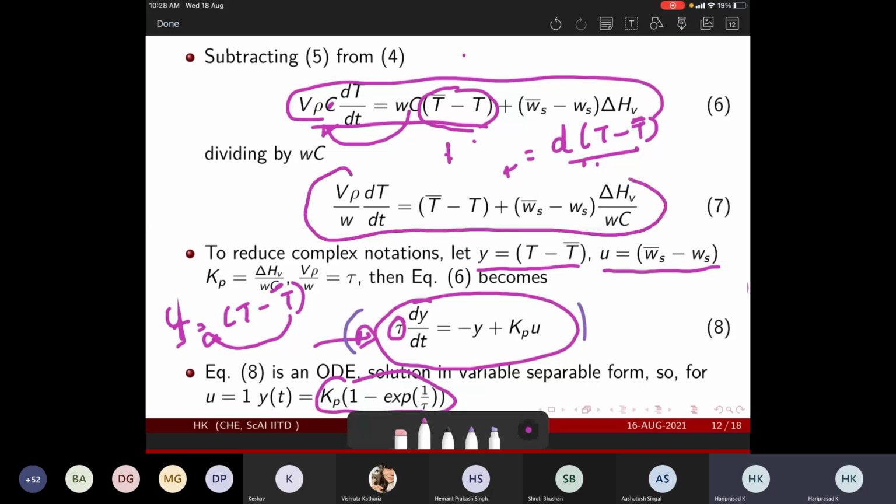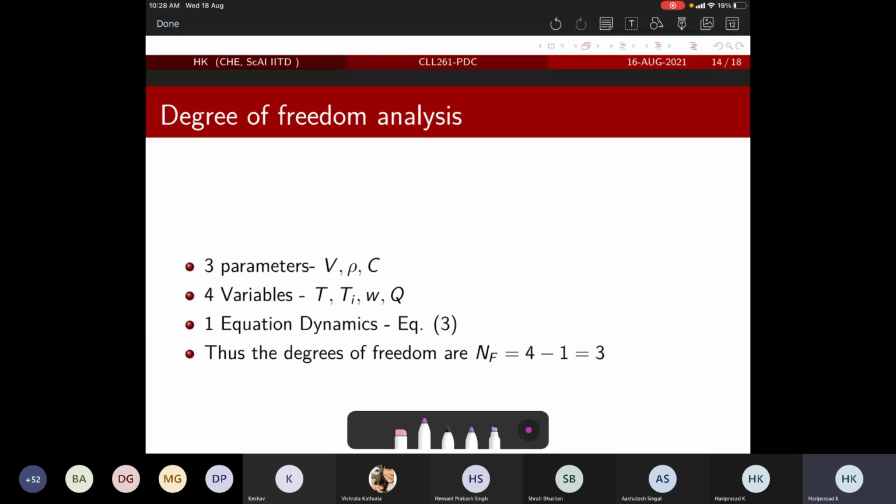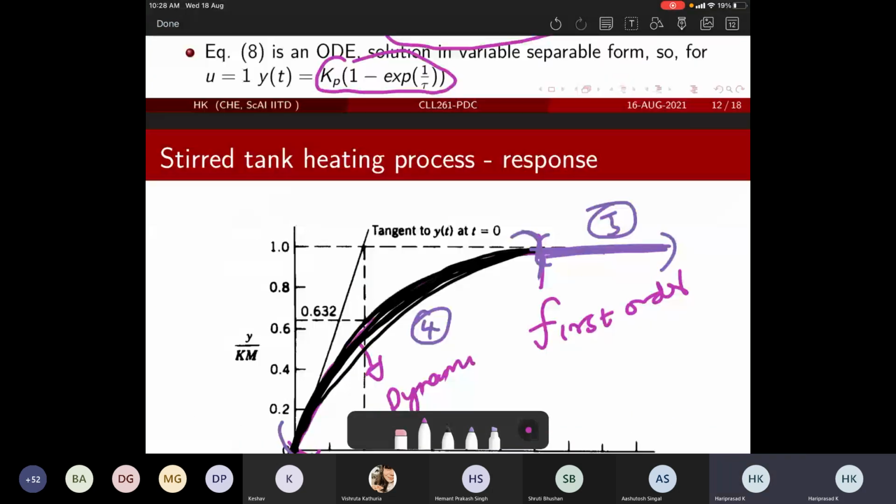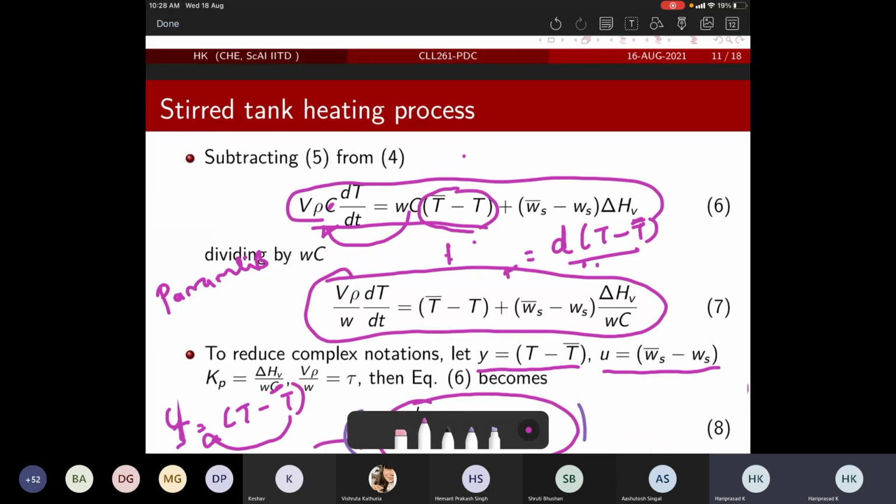The next thing is to identify and enlist your parameters, total variables, the relations that connect parameters to variables. Then what is the degree of freedom? If you reach 7, we'll be able to identify this.